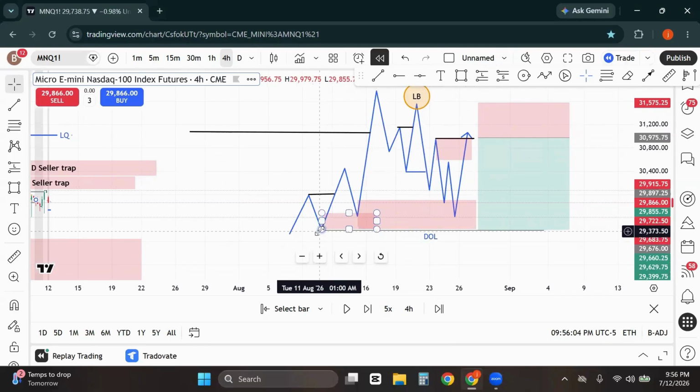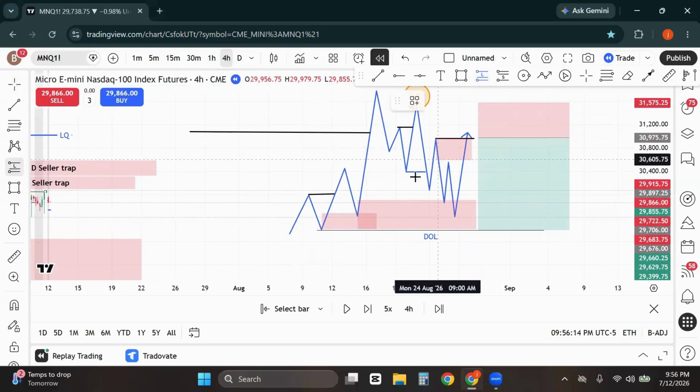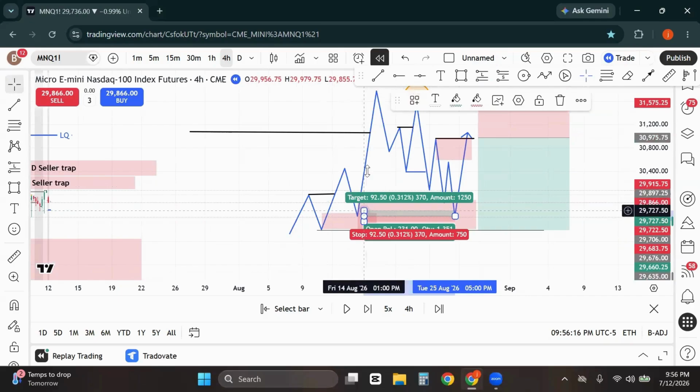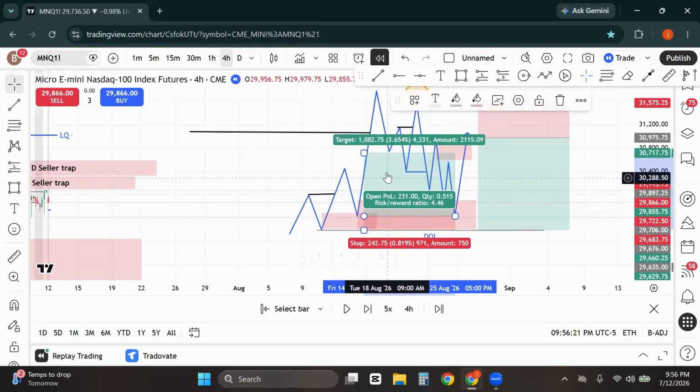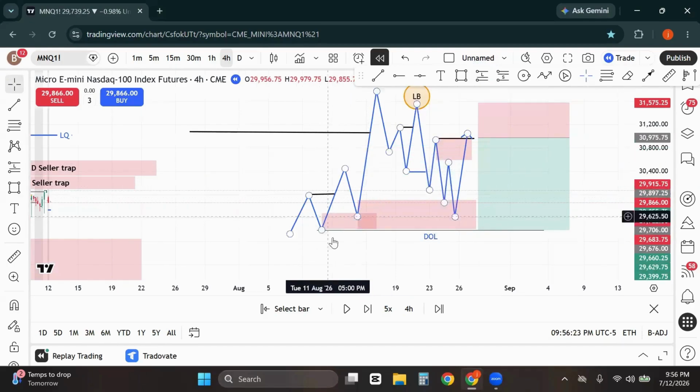Once a low respects a low, we leave stop losses. We leave liquidity below here, because exactly what happened whenever we got into this break of structure trade: we went in here, stop loss below this low. So we know that the market is going to target the orders at these lows. So that is our target.